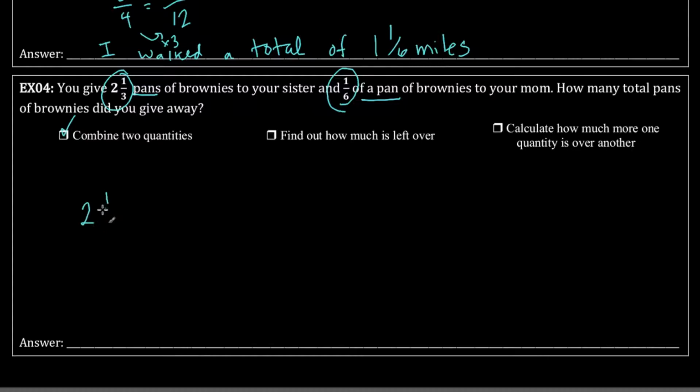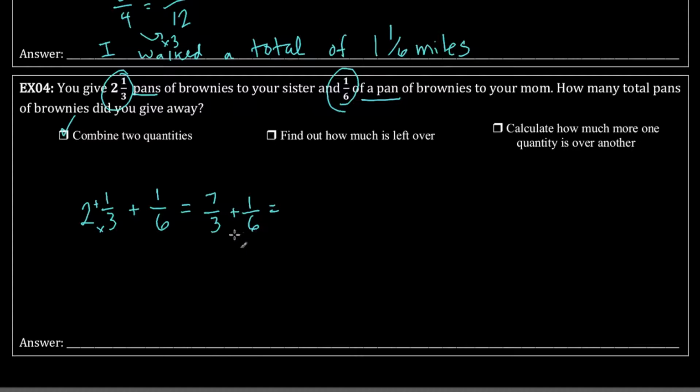So 2 and 1/3, and we're going to combine that with the 1/6 to figure out how much total you gave away. First thing I want to do is convert this. So 3 times 2 is 6. 6 plus 1 is 7. So 2 and 1/3 is actually 7/3. And we'll rewrite it.